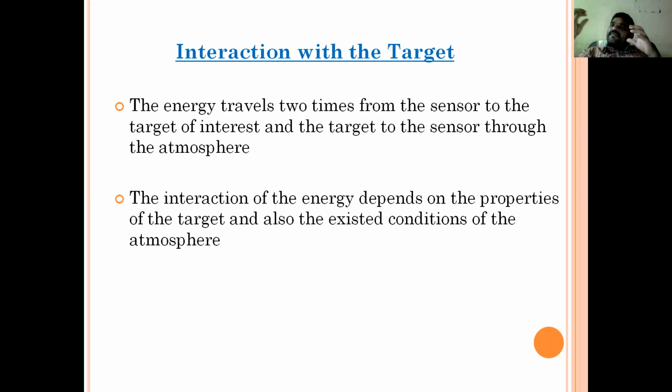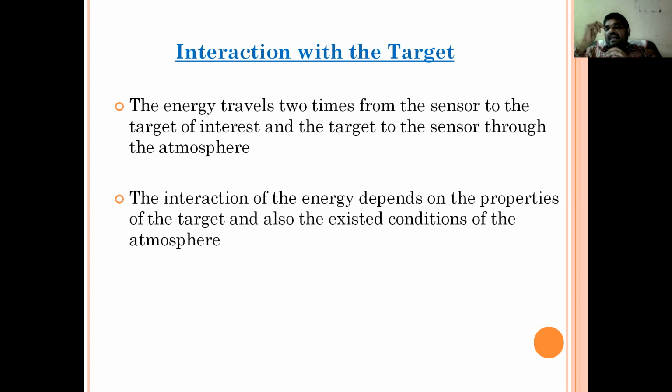Sometimes, when the satellite hits the target, the reflected energy is influenced by the target properties, the atmospheric conditions, and the motion of the sensors in the platforms. Once again, the quality of the image depends on the reflected energy of electromagnetic radiation.